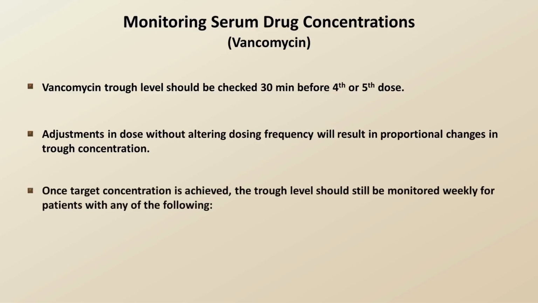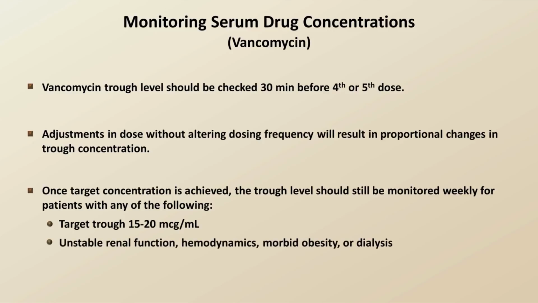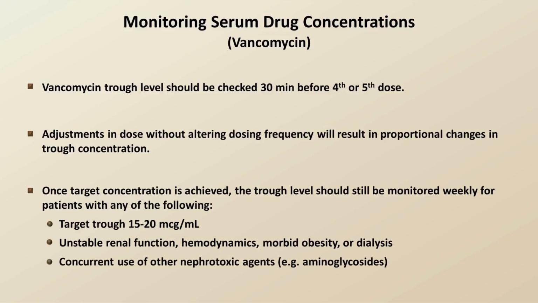Once the target concentration is achieved, the trough level should still be monitored weekly for patients with any of the following: a target trough of 15 to 20, unstable renal function, hemodynamics, morbid obesity or those on dialysis, or concurrent use of other nephrotoxic agents, particularly the aminoglycosides. For all of these patients, the renal function should be monitored at least as frequently as the drug level.